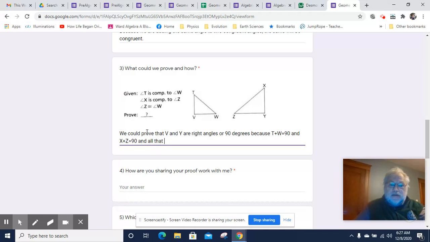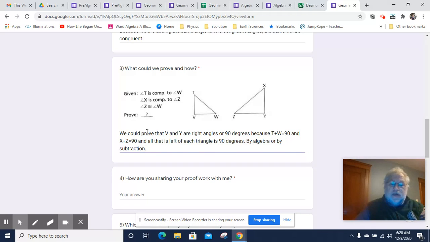And all that is left of each triangle is 90 degrees. We could prove that by algebra, or by subtraction, because we would subtract 90 degrees from 180, and you get 90 degrees.